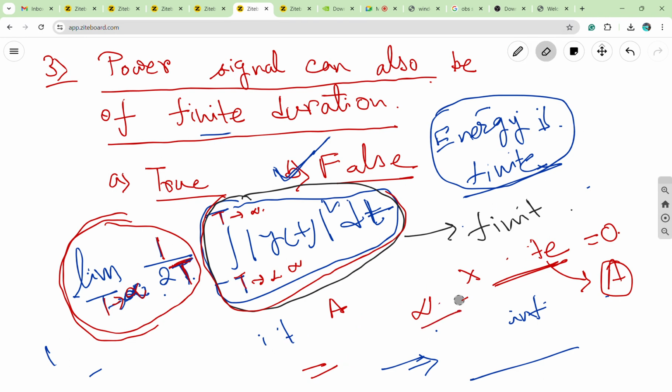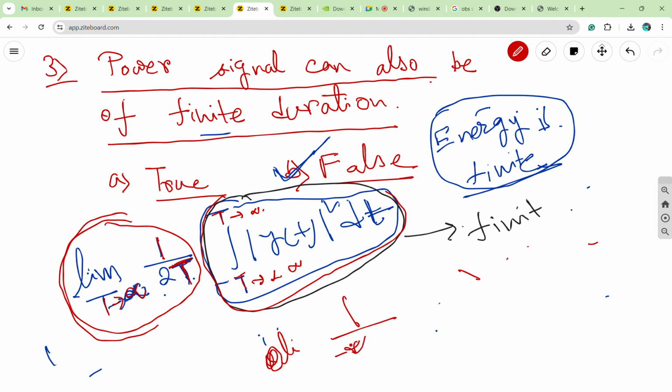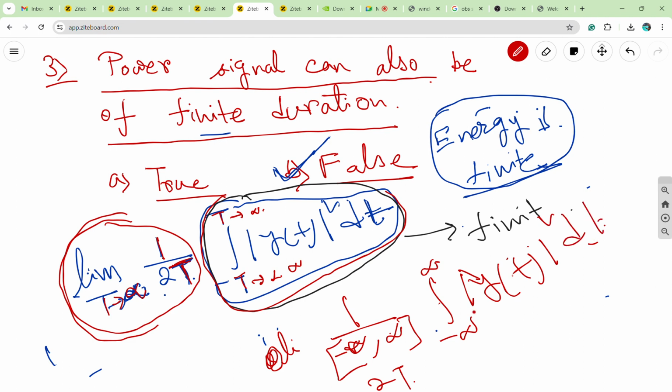If you only want to calculate the whole energy, this is equivalent to it, this type of formula. This is not mathematically correct, but for your intuition it is correct. You have to calculate for the minus infinite to infinite range, that is 2T, and then you calculate the integral of x(t) squared dt, and this is the power for an infinite period.